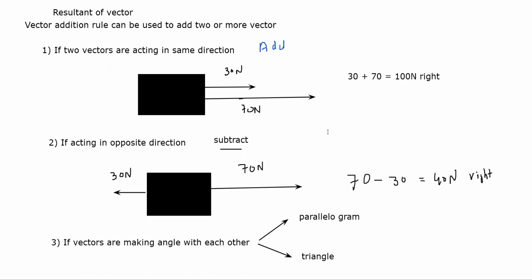How will we do a parallelogram or a triangle method to get the resultant of these two vectors? Basically, both methods are the same, but in one case we consider them as the sides of a parallelogram, and in the other we consider them as the sides of a triangle.